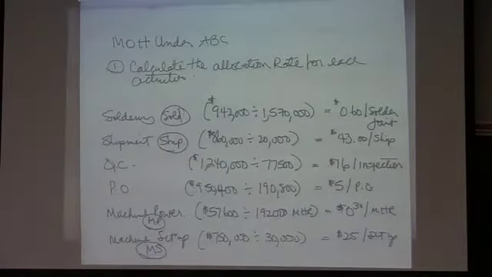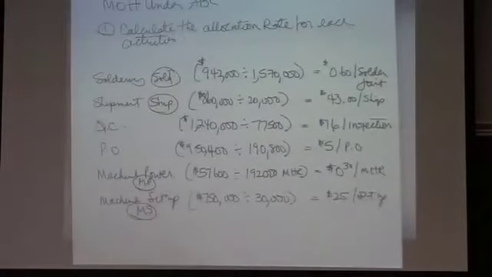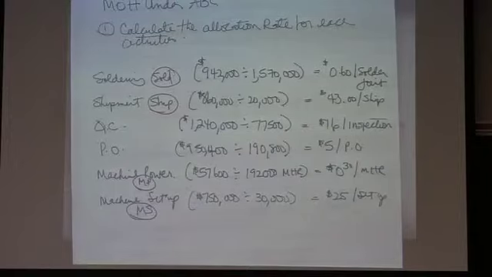Now, what's the next step? The next step is we're going to use these to calculate the manufacturing overhead that's attributable to Monarch and Regal. So we're going to do that next. Okay, so how do we do that?